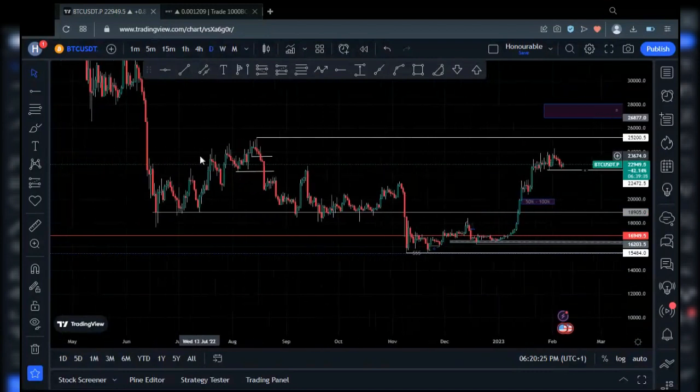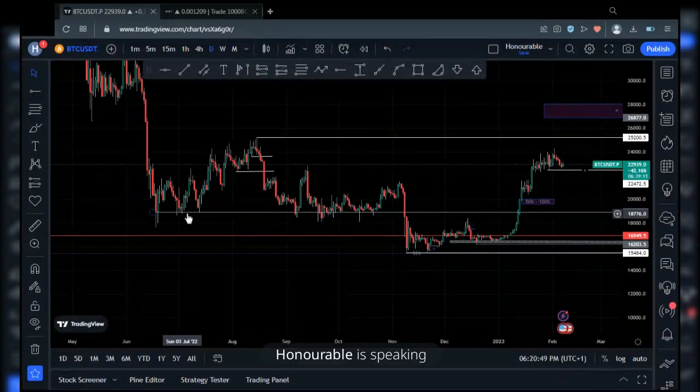You can see this level, this line I drew here. You can see how this level was respected. It acted as a support level. You see the first touch, second, third. Remember, this is a higher time frame.